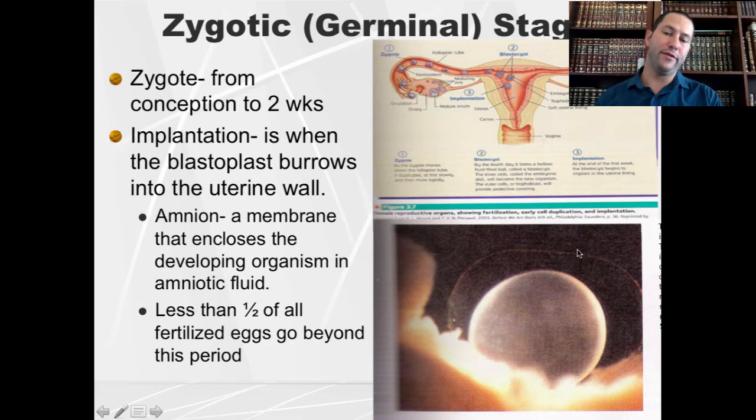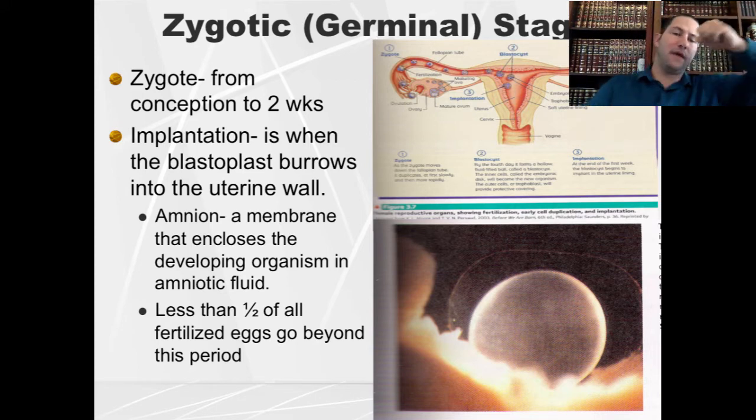Also, I thought another microscopic picture would be cool because here's what looks like an egg that's latched on to the uterine wall. And here's the amnion, right, which is the membrane that protects it, and then we have the amniotic fluid. So amniocentesis was the amniotic fluid that you needed to draw.